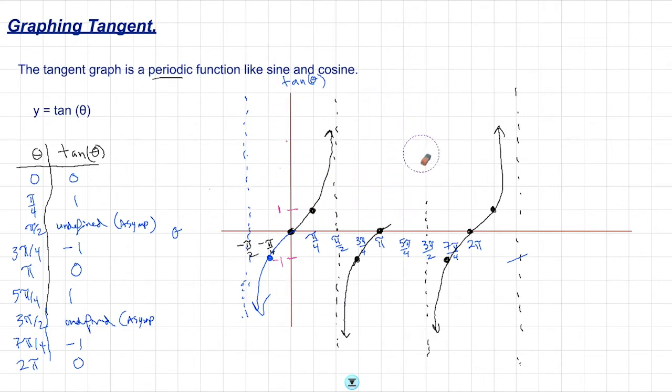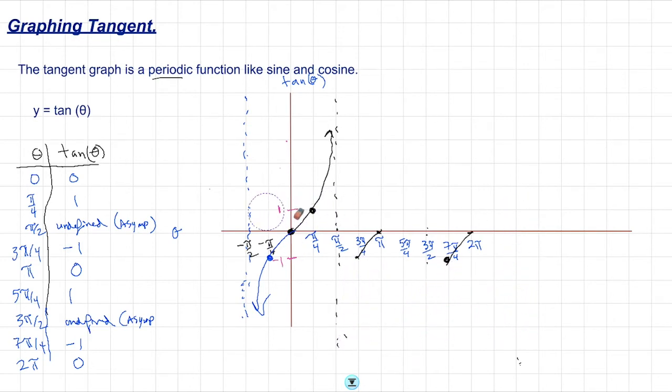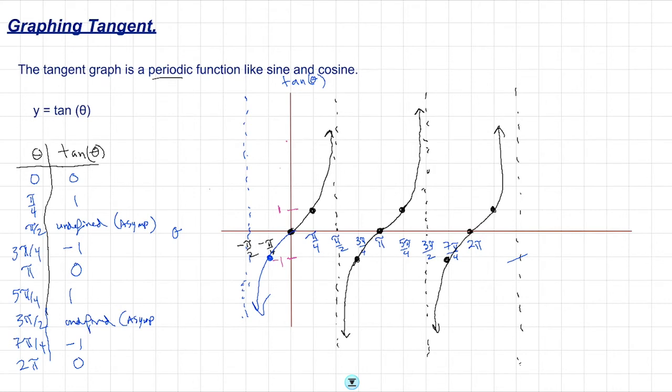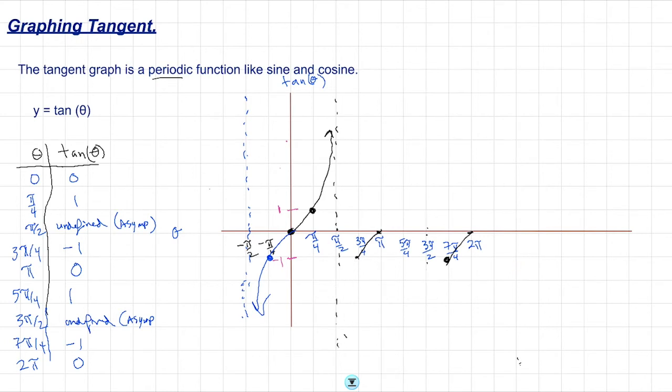If I can eliminate all of this stuff, I only need one cycle. So for today's homework, all we're going to need is just this cycle right here. We know it's periodic, so at any moment we could create the rest of it, but for what we need, we're just going to ask that you do one complete cycle.